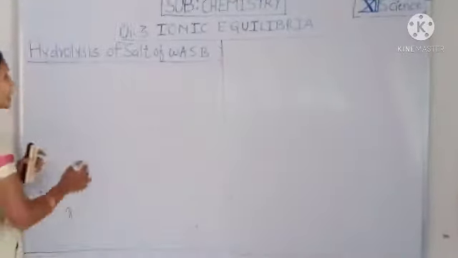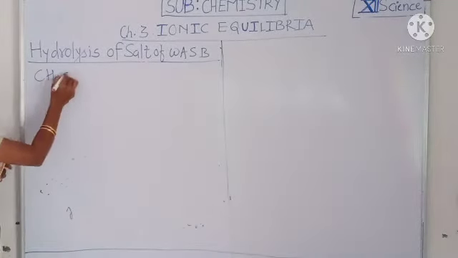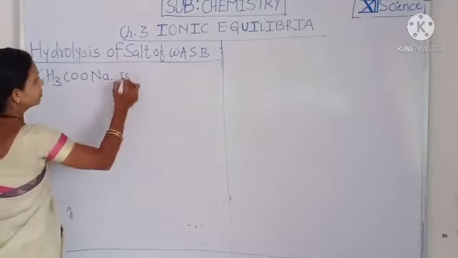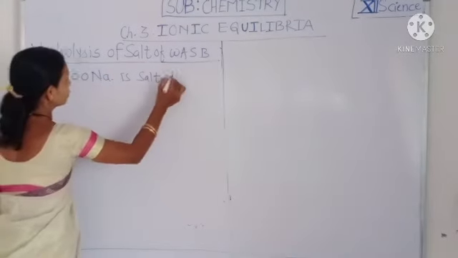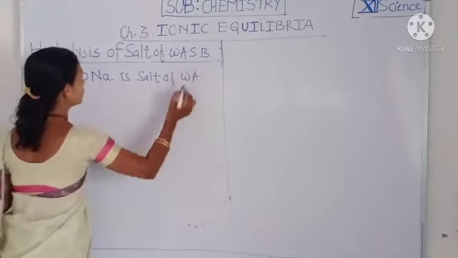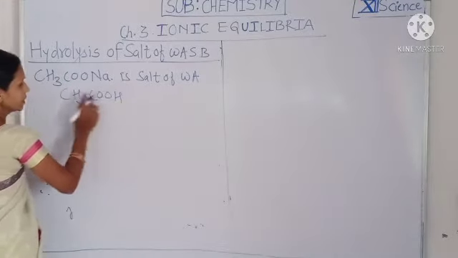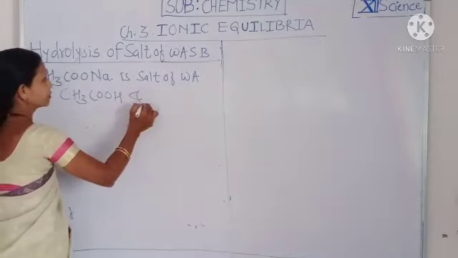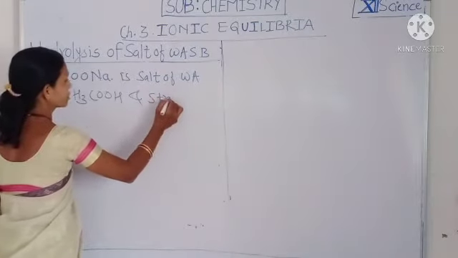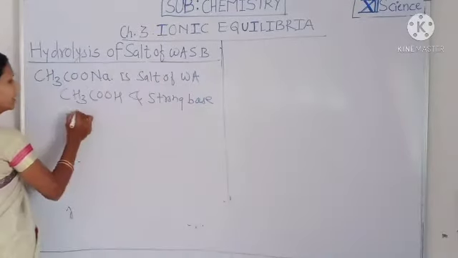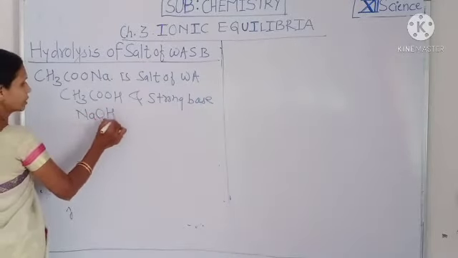For example, CH3COONa is a salt of weak acid, that is acetic acid, CH3COOH, and strong base, that is NaOH.